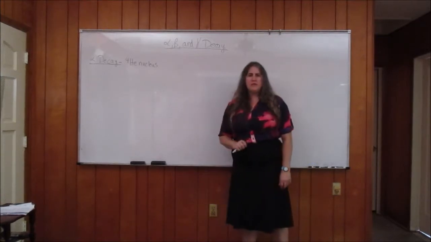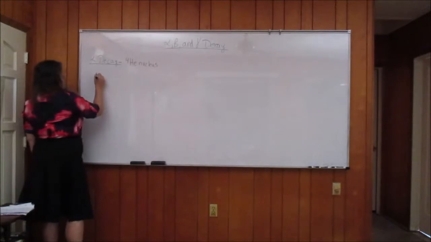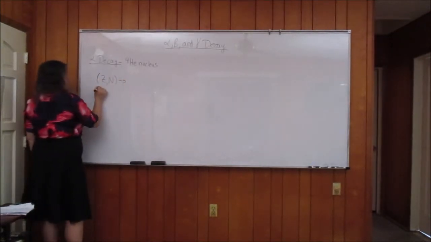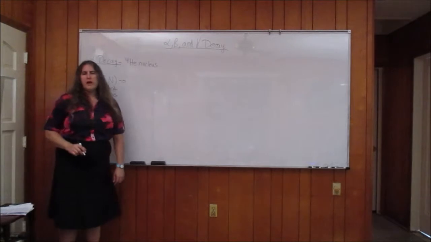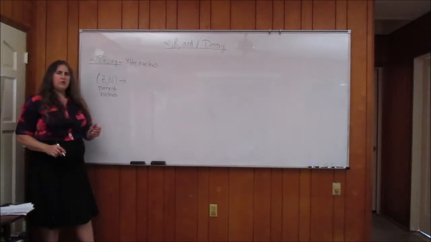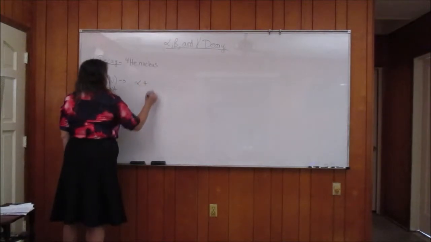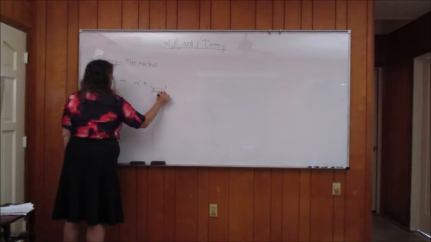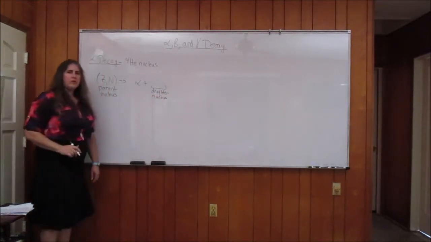Okay, so what happens in alpha decay? A nucleus has Z protons and N neutrons. It's unstable and it emits an alpha particle and a daughter nucleus.